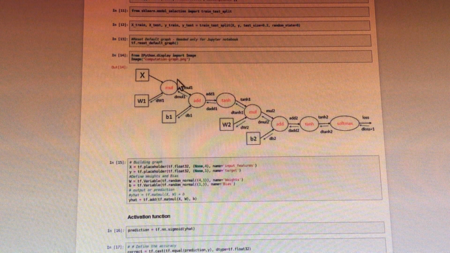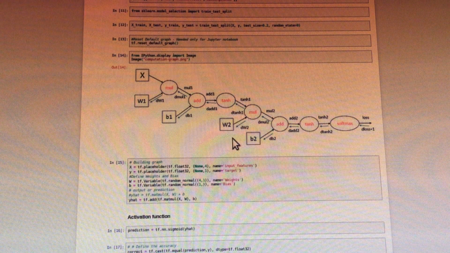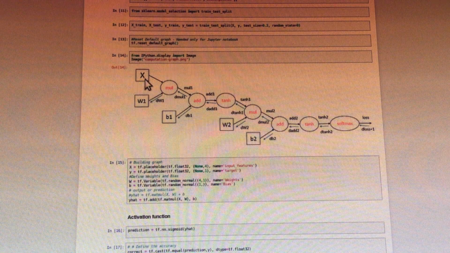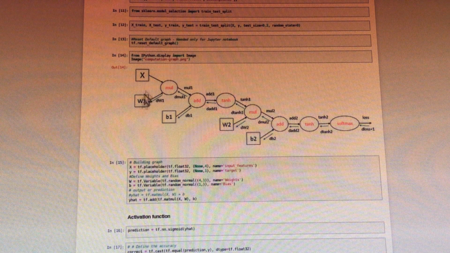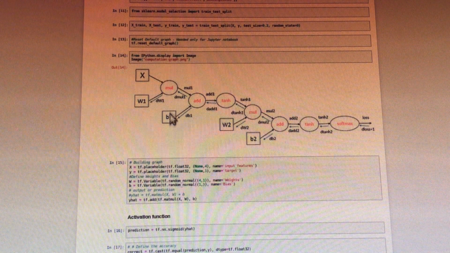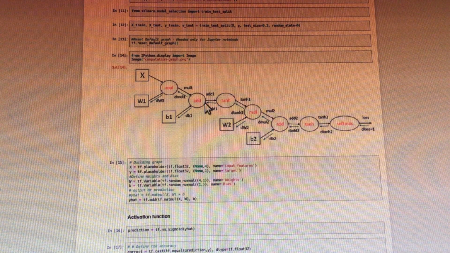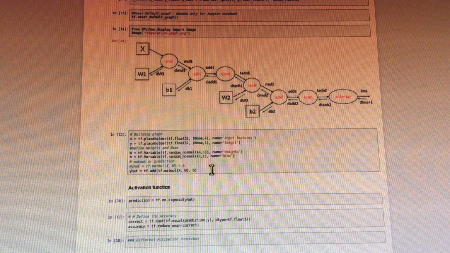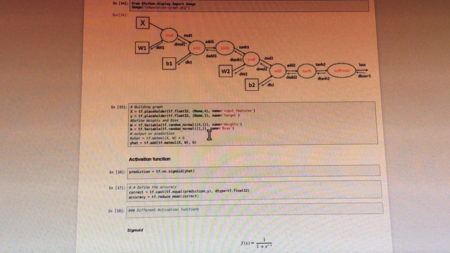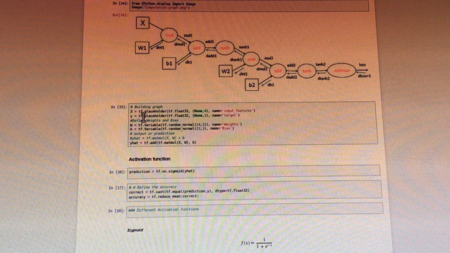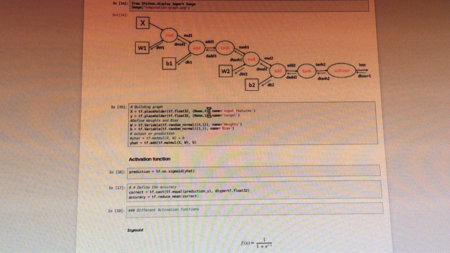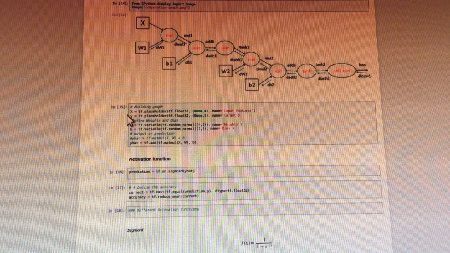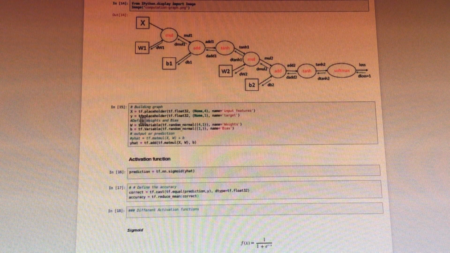Here we are looking into the computational graph, where the value of X is multiplied with the weight and added with the bias to get the linear function. So here we are making the computational graph by using tf.placeholder. We are using 4 features, 4 inputs, and 1 for the target.